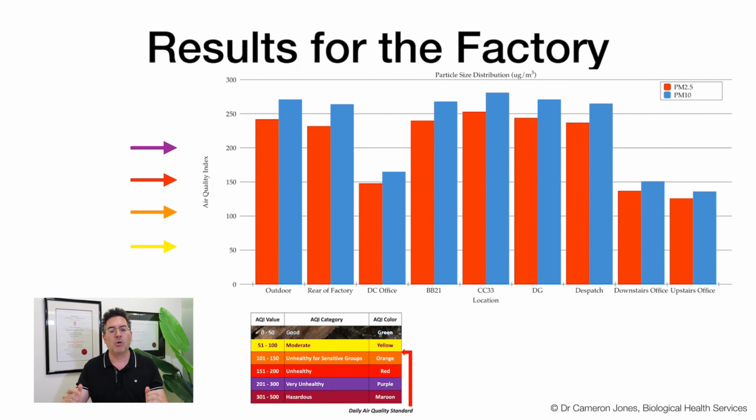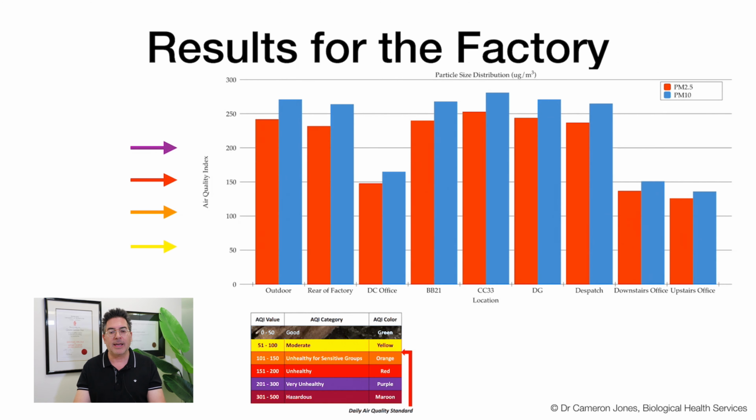Now, you're probably all wondering, what were the results from that particular factory? So for that, I'm showing a graph here from the outdoor area. And for those of you who are listening to this as a podcast, essentially what we did was we went into some key areas within the factory.